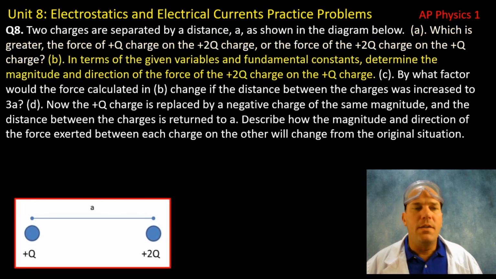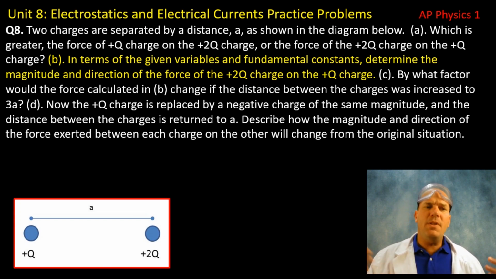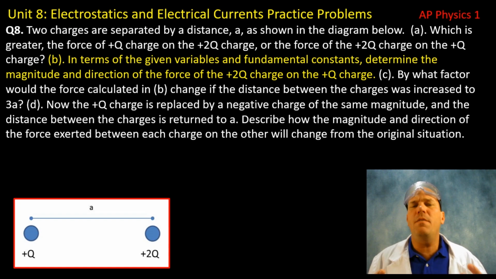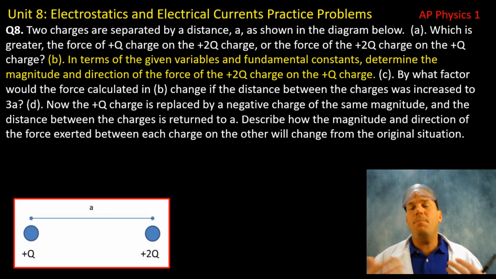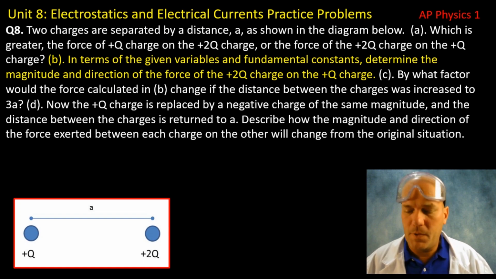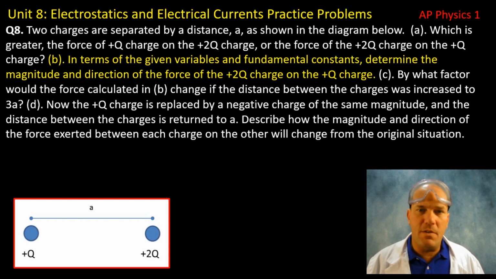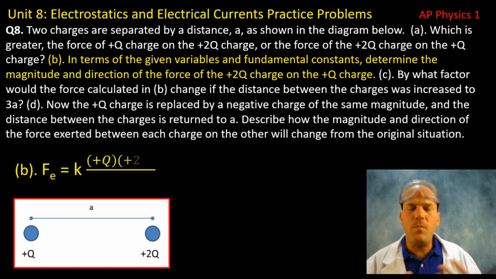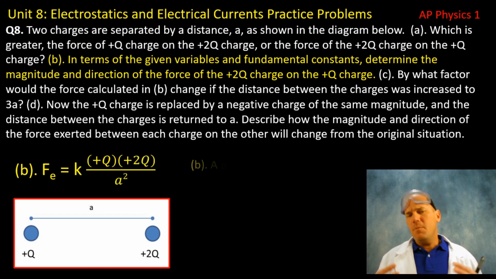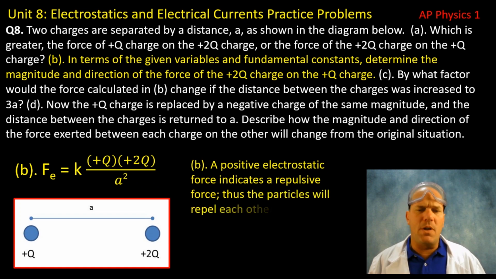The next part of this question: in terms of the given variables and the fundamental constants, determine the magnitude and direction of the force of the positive 2Q charge on the positive Q charge. This is a very simple derivation using Coulomb's law. We're simply putting in the variables we're given here. We're not worried about numbers.